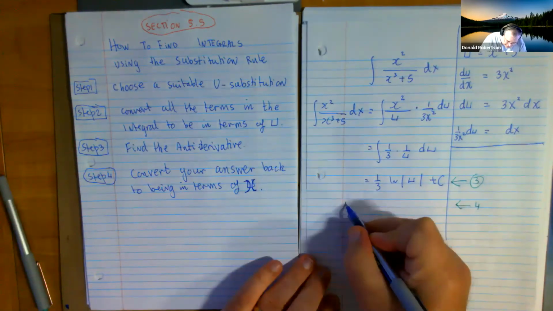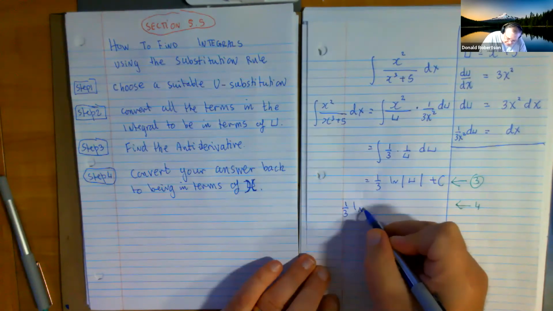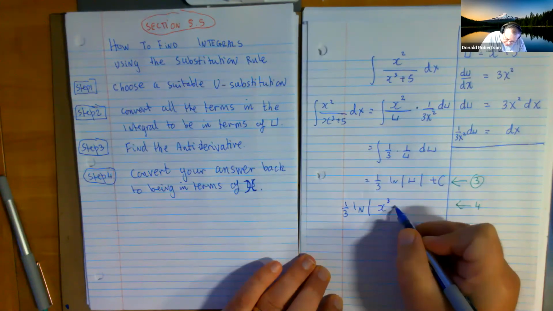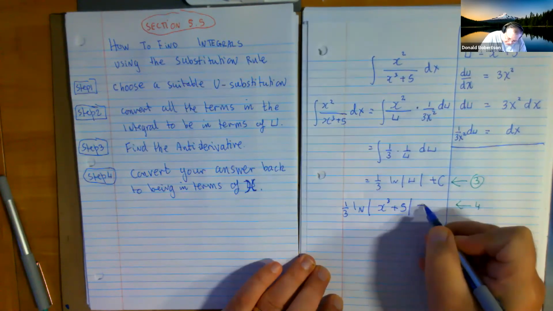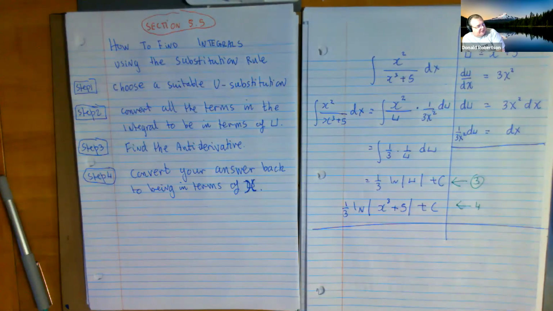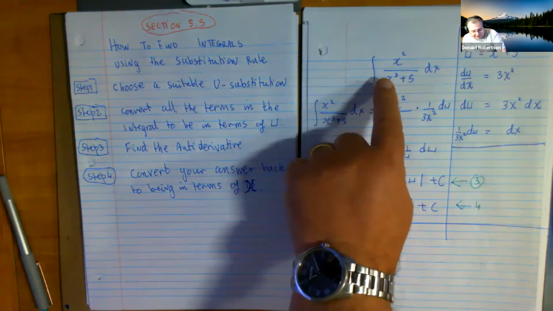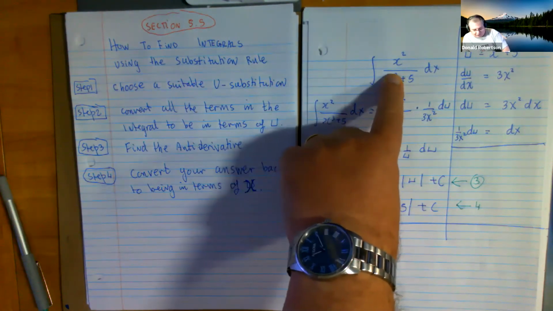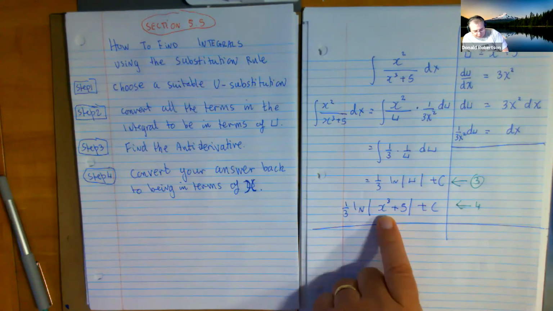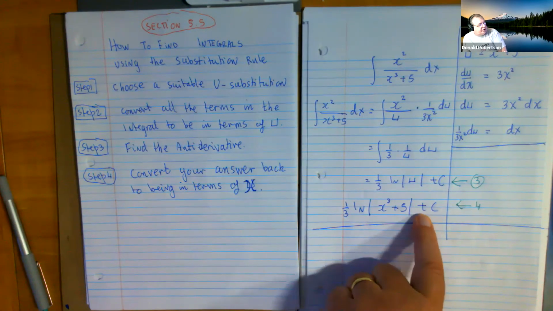Well, instead of being 1/3 the natural log of u, u is x cubed plus 5. So we now have that guy. So the antiderivative of this function is 1/3 the natural log of x cubed plus 5, I'd say.